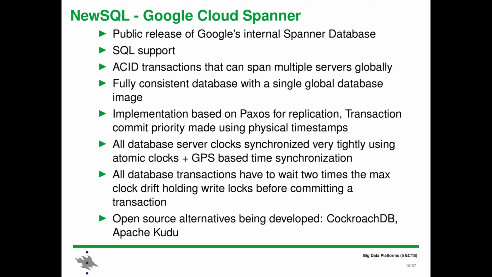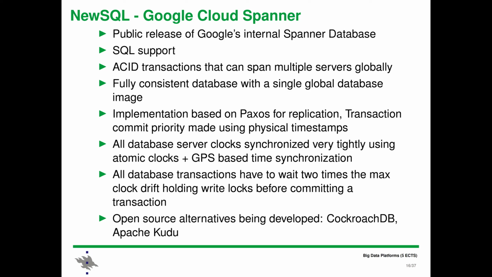So your modifications will have priority over the other transaction. You will get your transaction committed, while the other one that's concurrently trying to do the modification will not be able to commit.